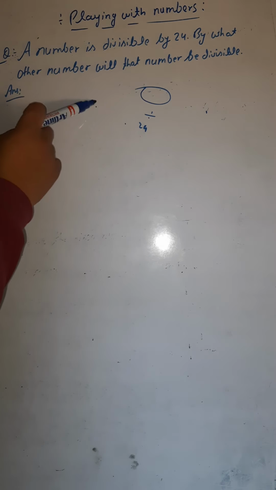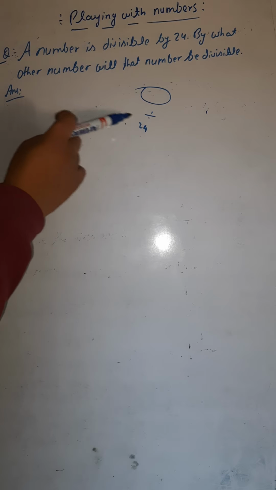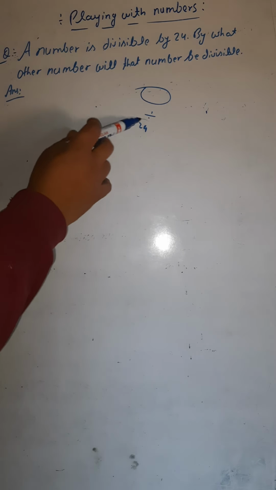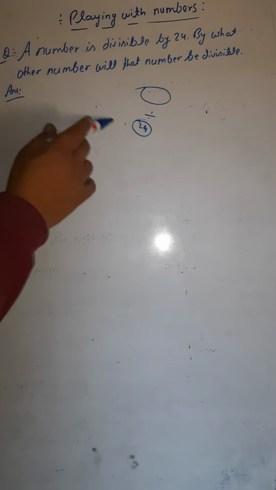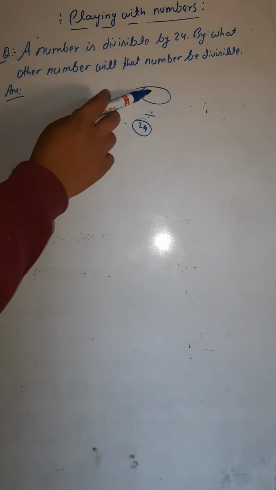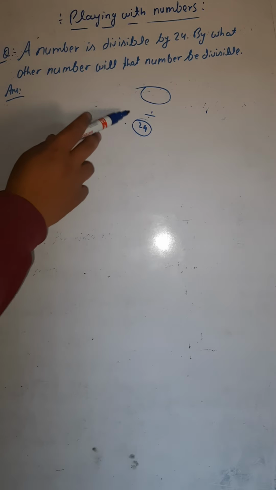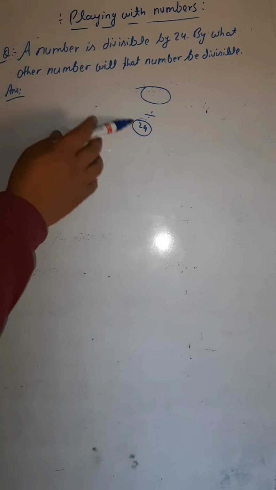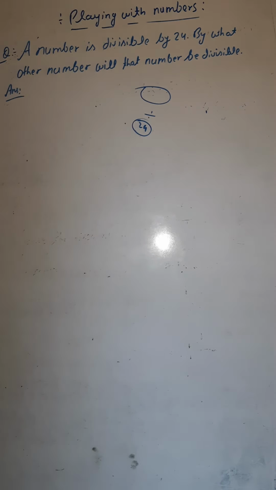Yes, the numbers would be the factors of 24. So all the factors of 24 would divide the given number. Remember this: if a number is divisible by 24, then it would again be divisible by the factors of 24 also. Are you getting this?